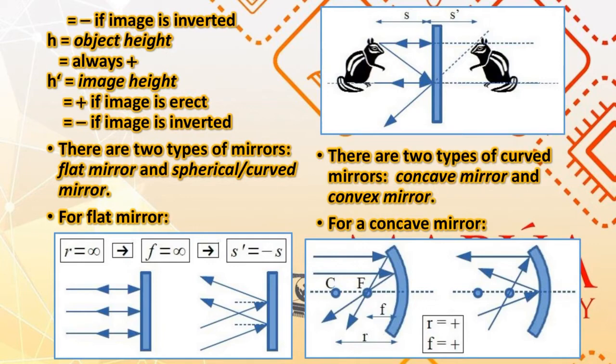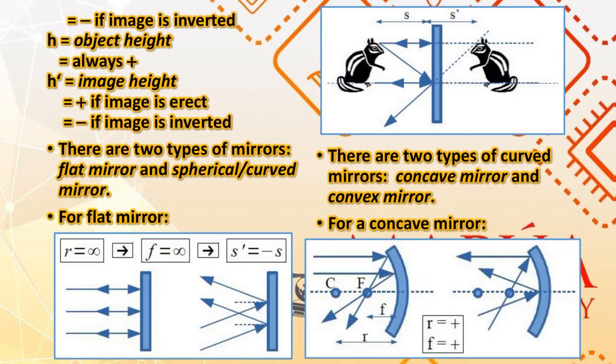Applying this to our equation of focal length, image distance, and object distance, we get that the image distance S prime is just equal to negative S. For a flat mirror, the image formed is a virtual image.